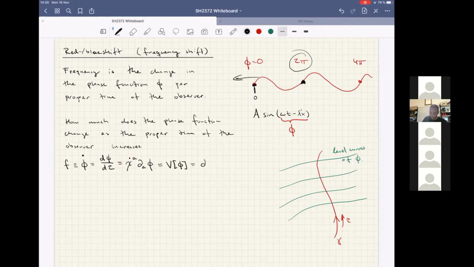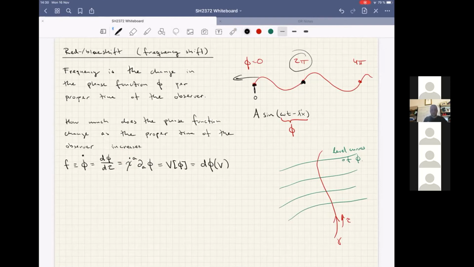You can also write it as d phi, where d phi is now the differential, so it's a dual vector acting on the forward velocity, in the language that we introduced before.